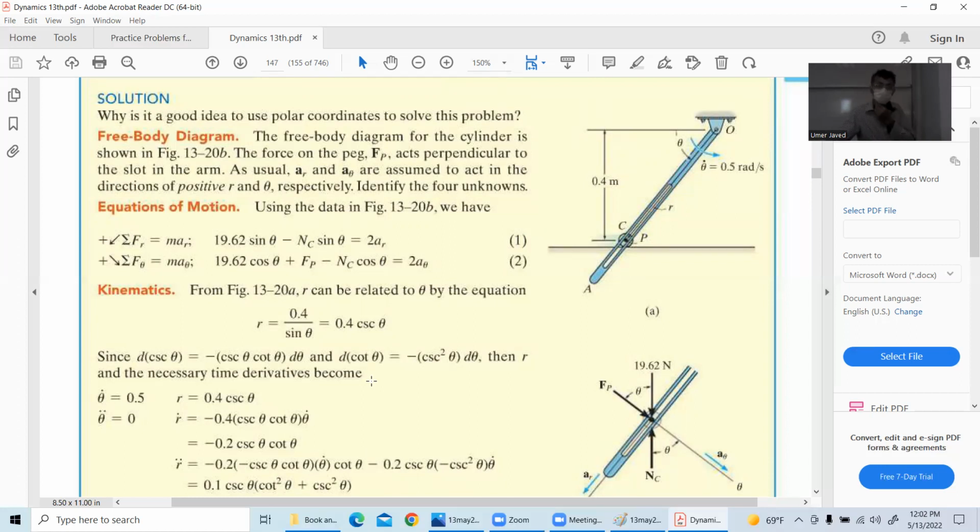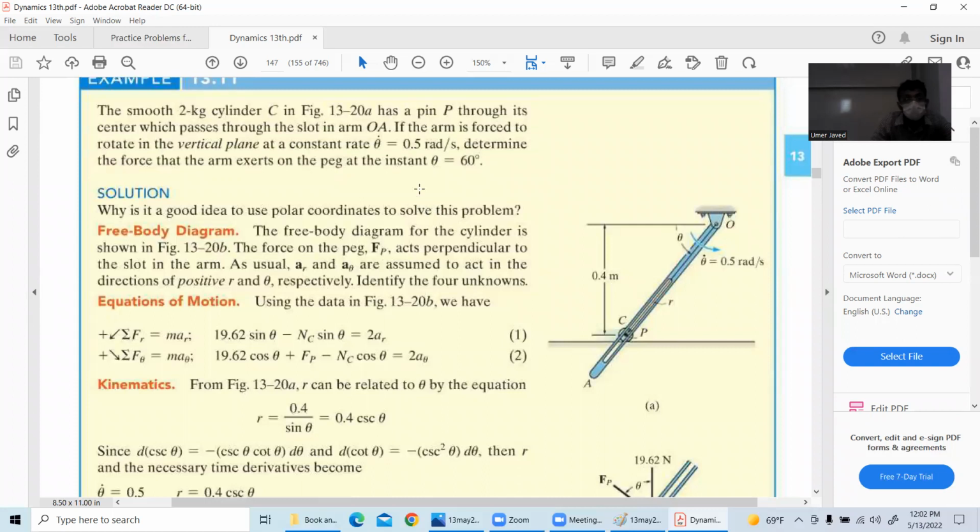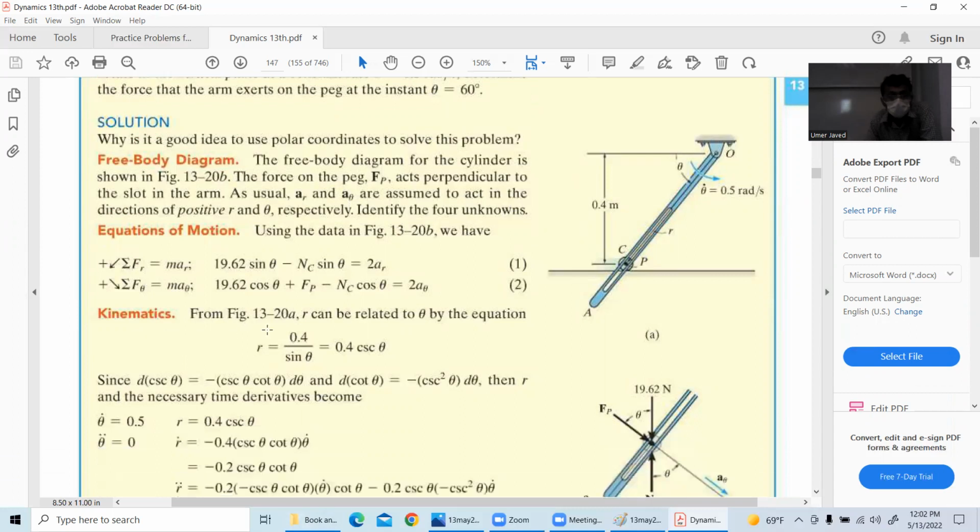No, it's not given. Theta is given, theta is 60. Anyways, we write the summation of forces in the radial and theta direction.